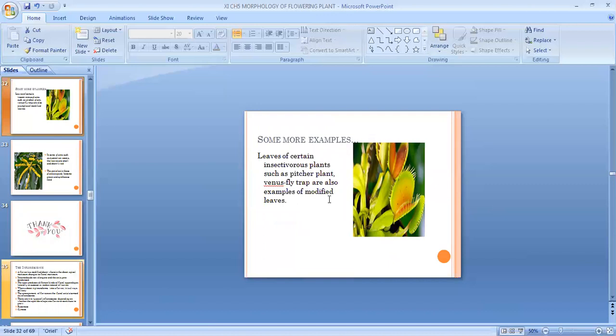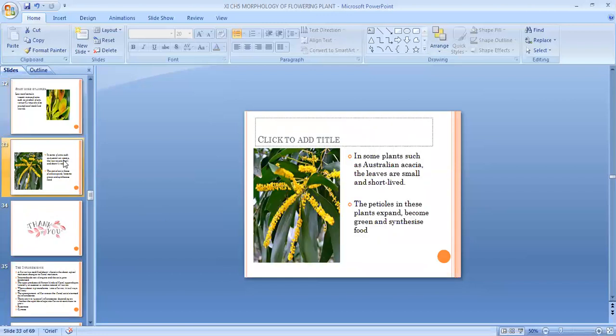In some insectivorous plants like pitcher plant, Venus flytrap, the leaves are modified to catch, to trap the insects. Now, there is this plant, Australian acacia. In Australian acacia, the leaves are small and short lived. In this figure, you can see the leaf-like structures over here.